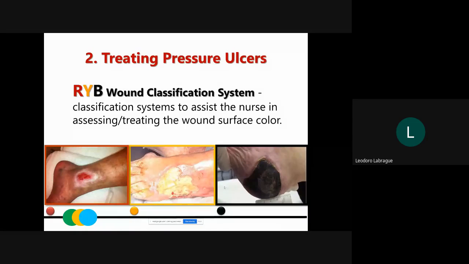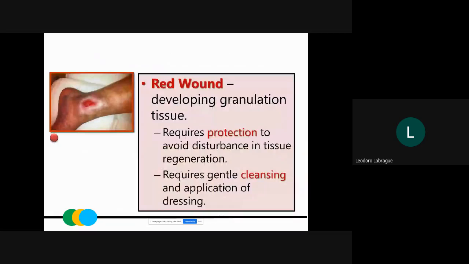So how do you do this? Let us see. If you assess a red wound, how do I know if it is a red wound? Very simple. You just need to look at the wound of your patient and describe the color. Just like what we have in the slide right now. Can you see the color of the wound?